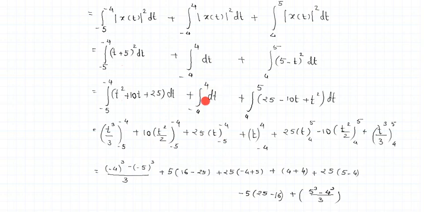Similarly, integration of dt is nothing but t, limits of which are minus 4 to 4. Similarly, for the last integration, the first term is 25 integrated, so 25 integrated would be only 25t with the limits 4 to 5. 10t integrated would be 5t square, and t square integrated would be t cube by 3, and the limits are accordingly put.